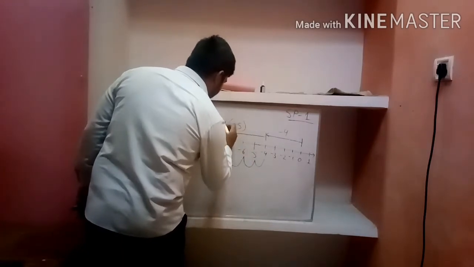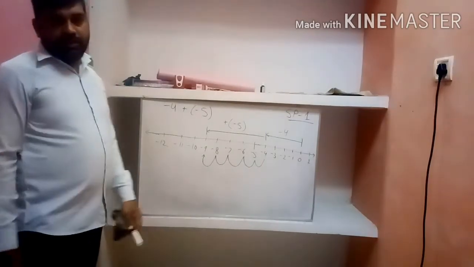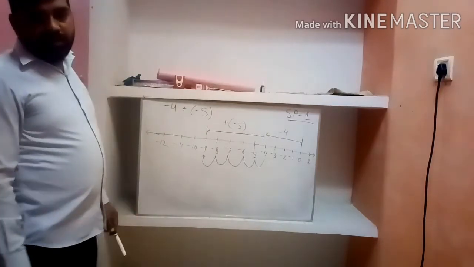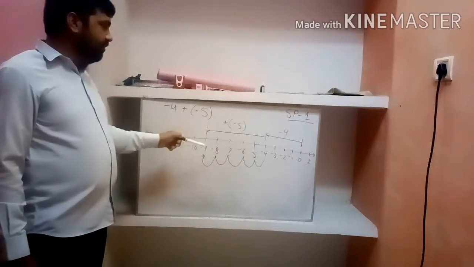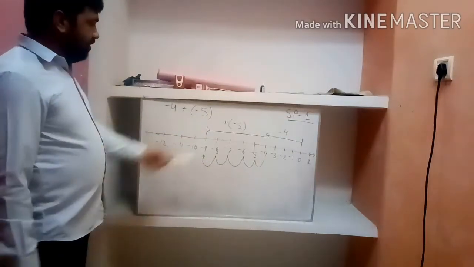Plus means in the same direction. So move 4 units to the left first, and after that move 5 more units to the left. Plus means in the forward direction, and -5 units means to the left only.